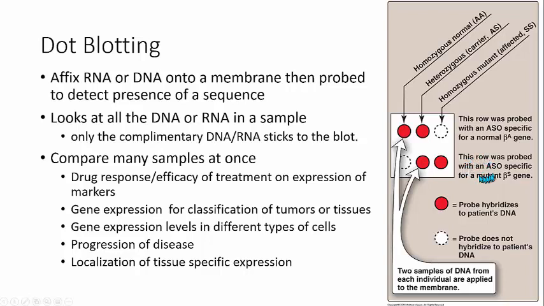This is the sickle cell allele. This is the normal allele. And so the first person here has a big red dot. That means they have hybridization. So they have the normal gene, but they're missing the red dot underneath, so they do not have a copy of the sickle cell gene.